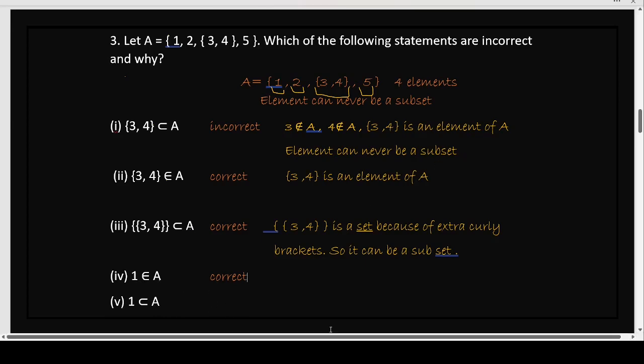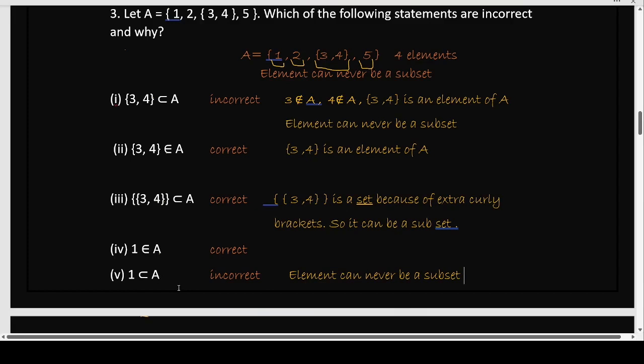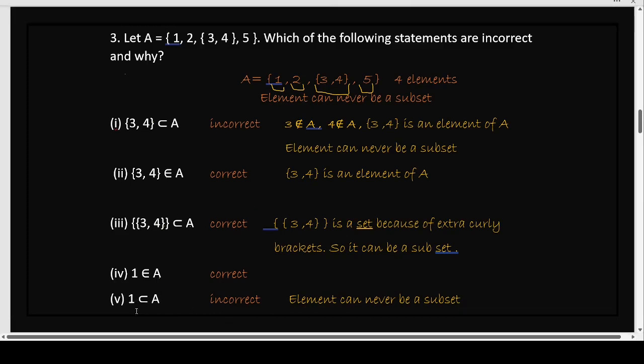So 1 is a subset of A is incorrect because this is an element. Element can never be a subset. So this is incorrect.